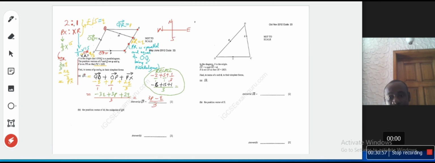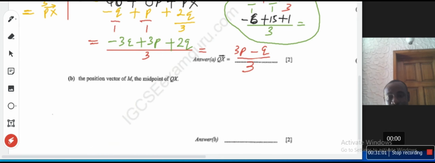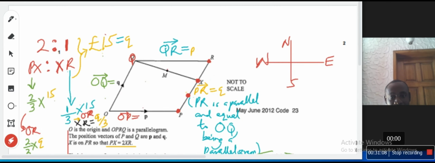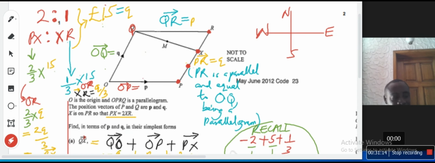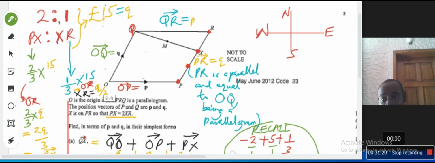So the question says we should find the position vector of M, and M is the midpoint of QX. Position vector of M. Then, if you like, you can draw a line from O to M. That's what we need.